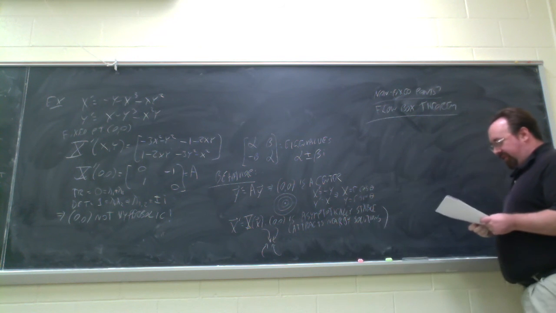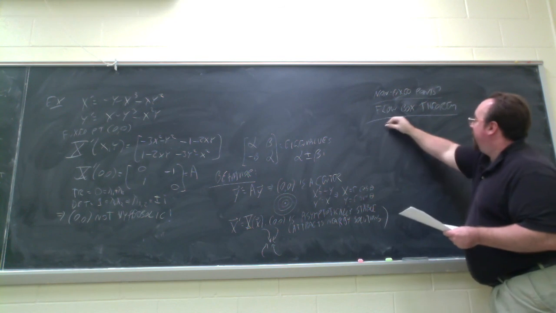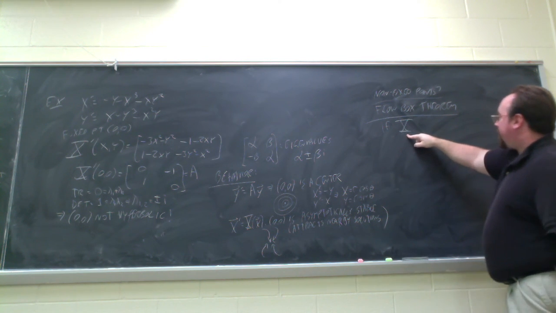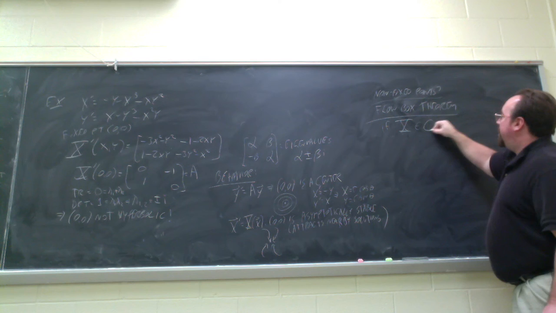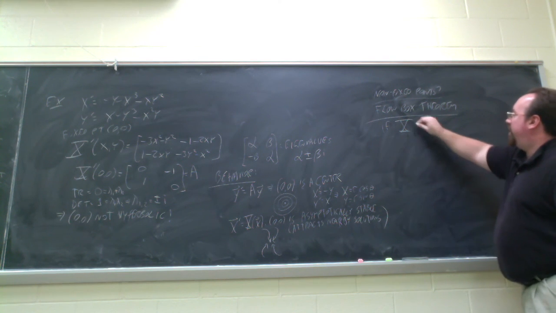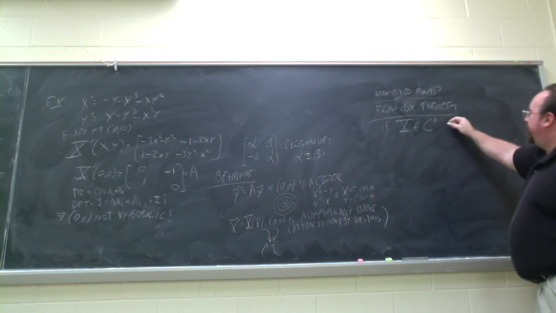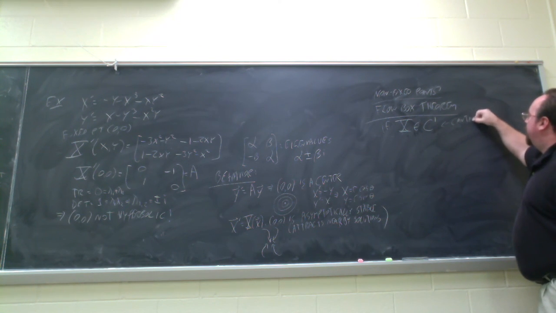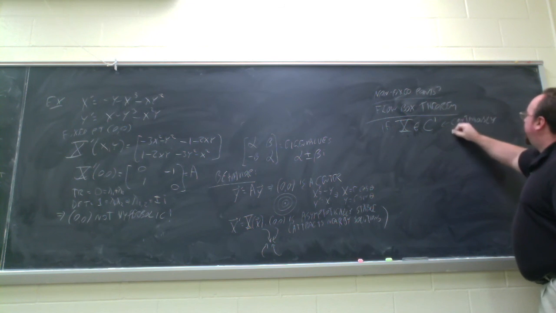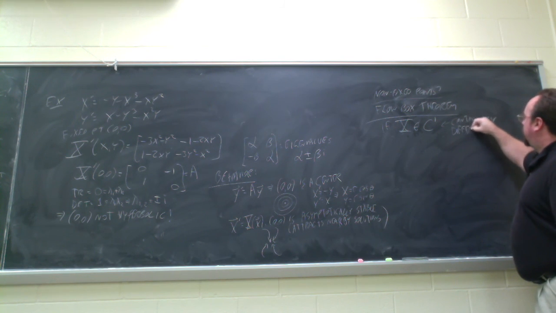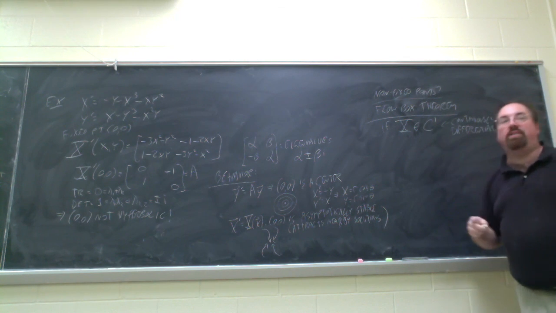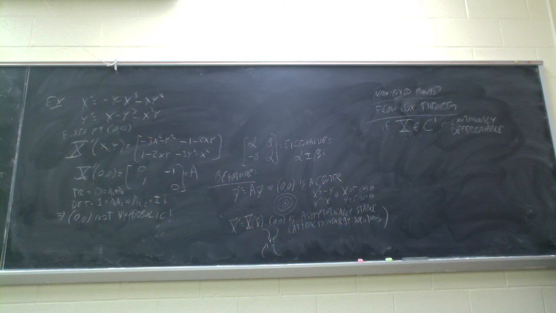So the flow box theorem says that if your vector field big X is C1, now by C1 I mean there's a common notation. It's continuously differentiable. So the C means continuous, and the superscript means how many continuous derivatives it's known to have.